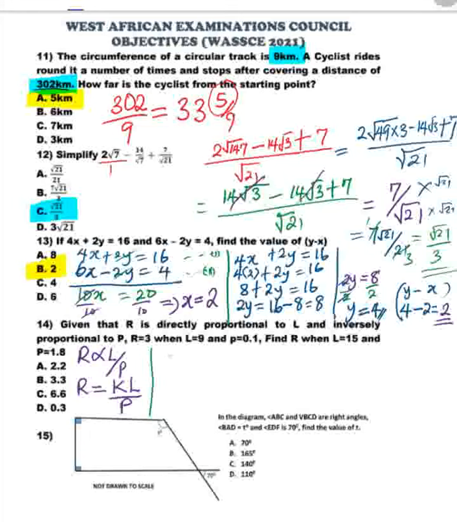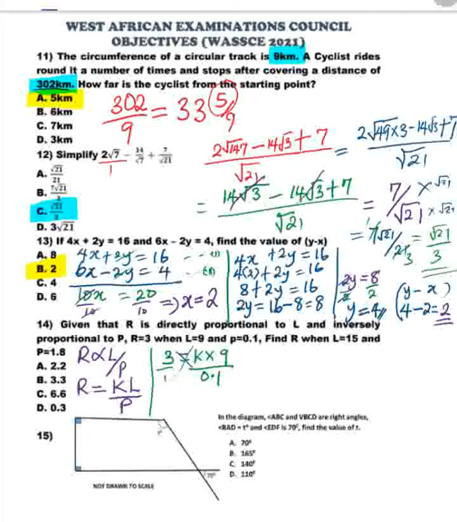We're going to have R equal to 3, and we do not know our K for now, L is given as 9 over 0.1, which is P. So we make this over 1, and we cross multiply.